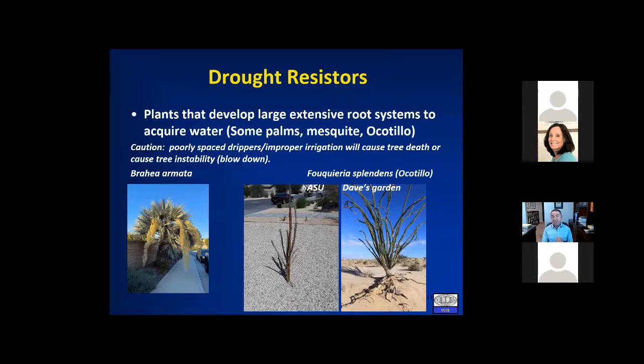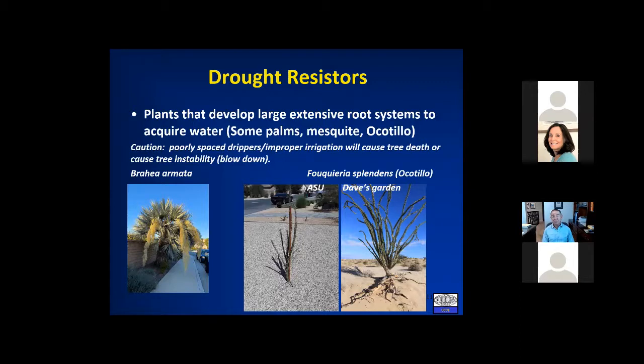Another way this can go bad is if you have something like a Palo Verde tree in a lawn area and you water it a lot. It will develop a root system, but because there's so much water, a lot of the roots will stay in proximity to the trunk, and they can topple over as well.